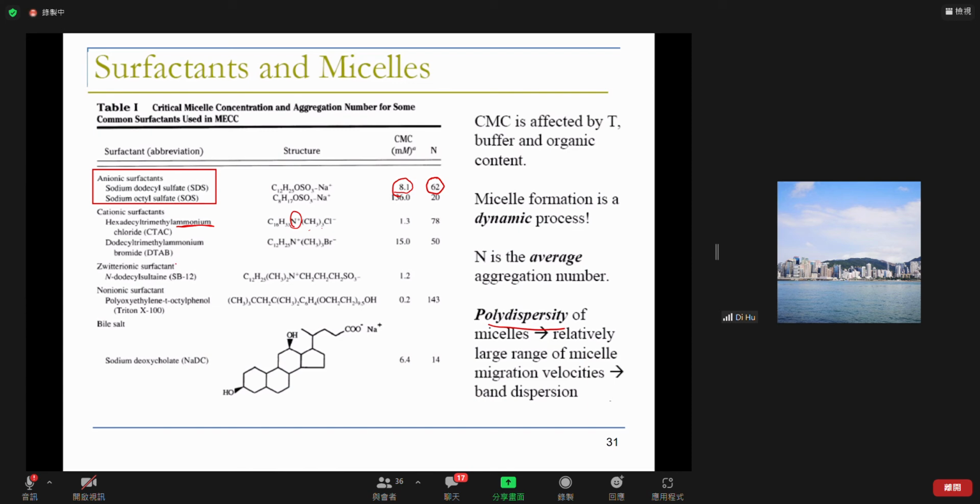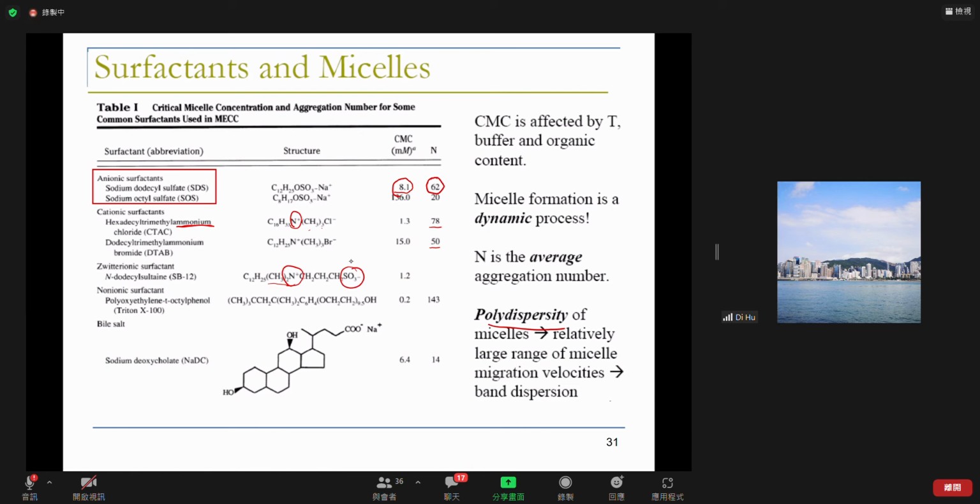DTAB is often used, with a C12 carbon chain. You can see that different surfactants have different aggregation numbers: 78 for CTAC and 50 for DTAB. And the zwitterionic one is like that, with both ammonium and sulfate.